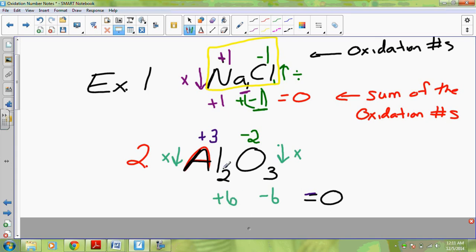So in aluminum oxide, there's 2 aluminums, there's 3 oxygens, and with those 3 oxygens, every oxygen gains 2 electrons, and for every aluminum, they lose 3 electrons. And that's all this is saying, that aluminum gives up 3 electrons, oxygen takes 2. And we did the math, and we figured out plus 6 minus 6 equals 0.